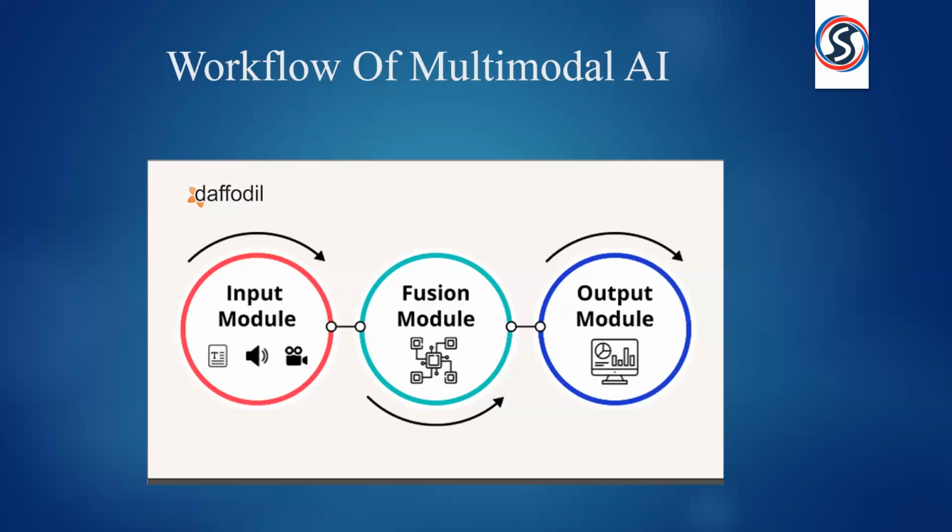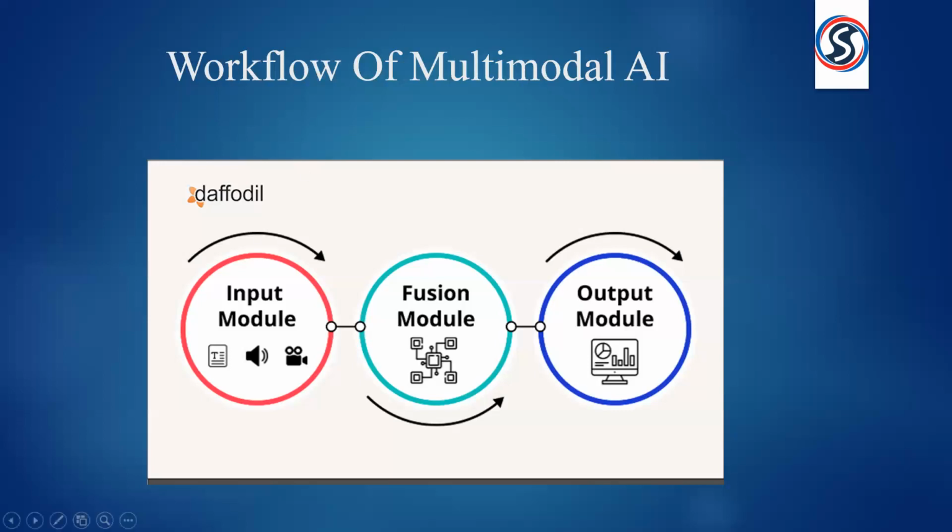The purpose is to generate an actionable output based on the input from multiple modalities, thus enabling the system to perform complex tasks that were not possible to achieve with a single modality. So this is the complete workflow of multimodal AI.